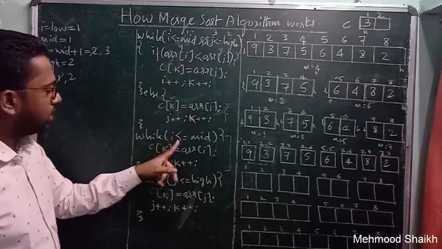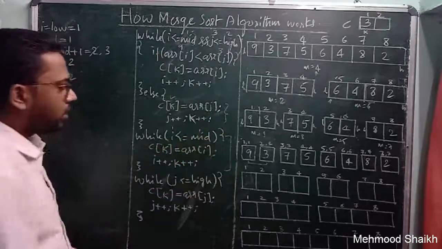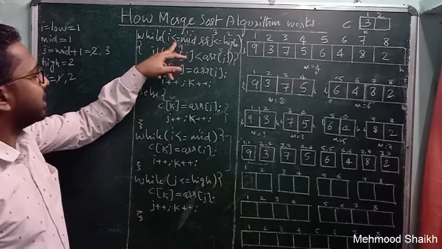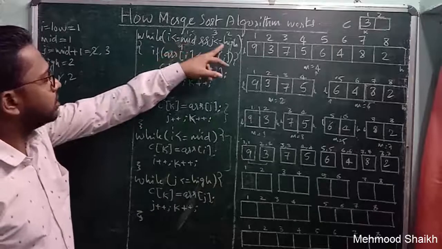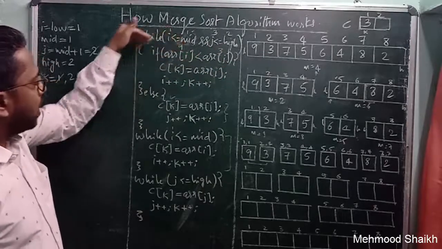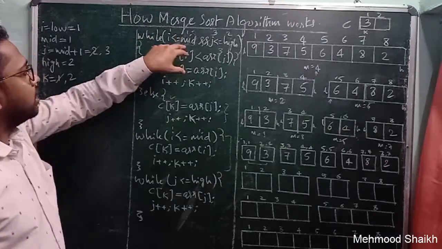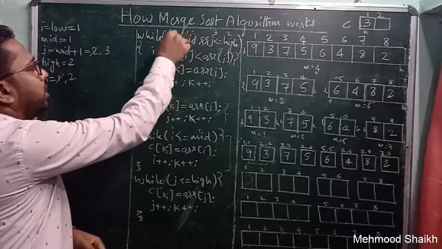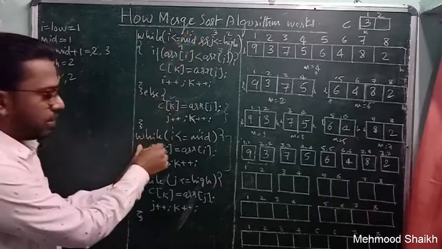Only this condition was satisfied and this condition was not, so we come outside this while loop to execute only the while loop with i less than or equal to mid, where we have written that code.